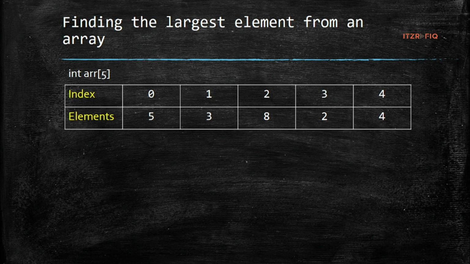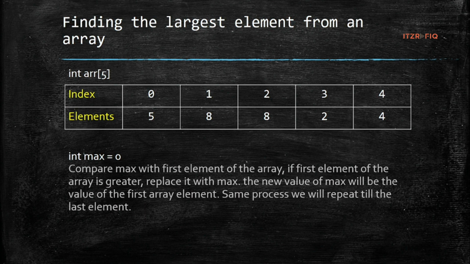Now we have to find out the largest number from here. To do that, we need a variable. We can keep the variable name as max or largest, and we'll keep the initial value of max as 0. Means we'll assume that maximum is 0. After that, we will compare the max variable with the first element of the array.